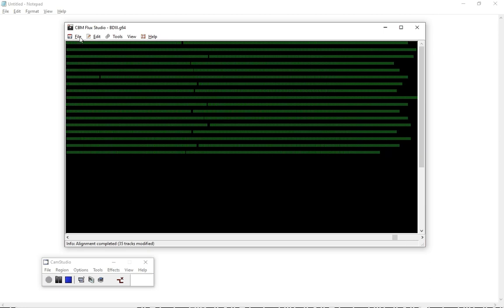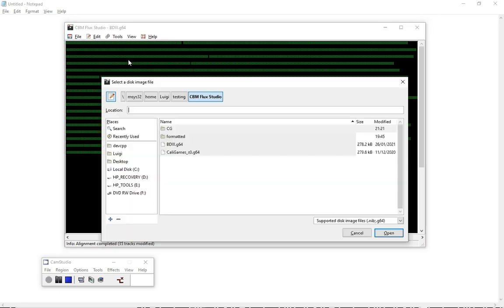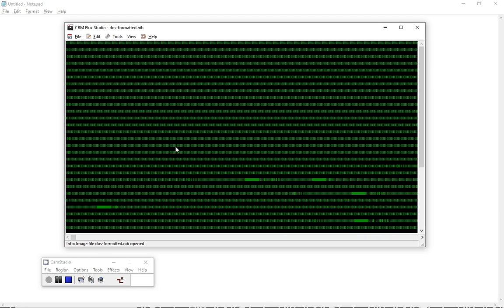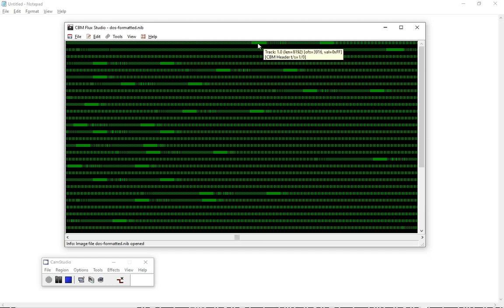So what I did is I formatted the disk with the DOS command N0, and I started looking. How does this stuff look? As you can see, for track 1, this nib file shows that sector 0 is pretty much in the middle of the sample I took.